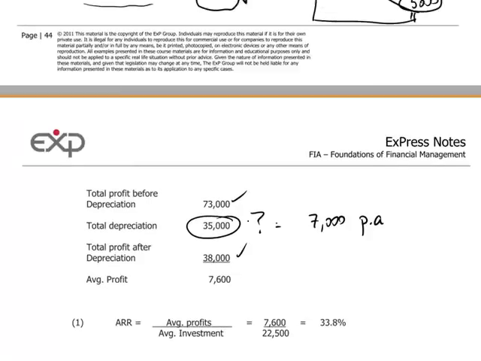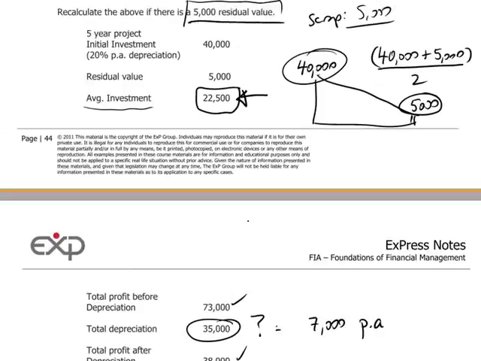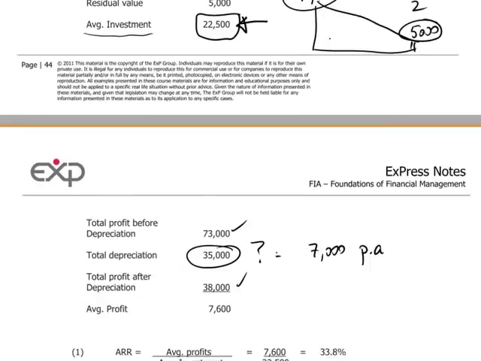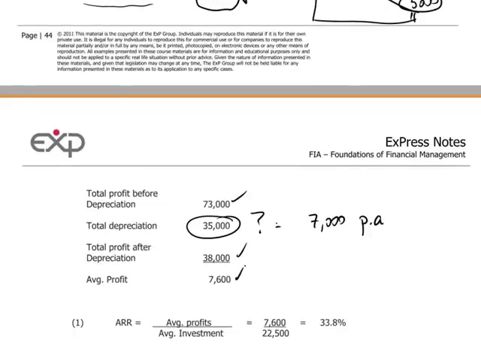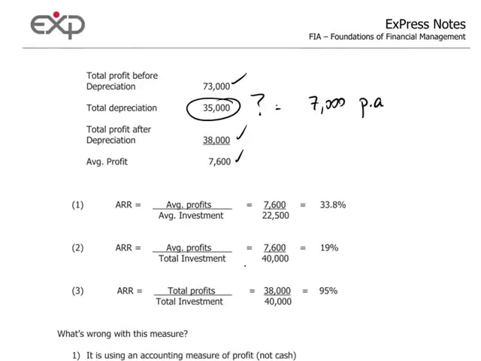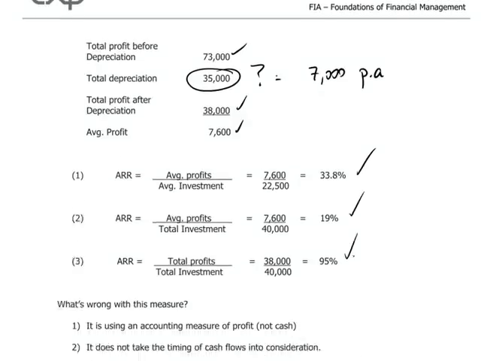One can recalculate these numbers to verify. We can see that the average profit, instead of being $6,600, now becomes $7,600 per annum, and therefore the accounting rates of return are as computed here.